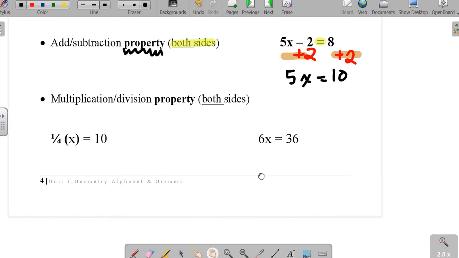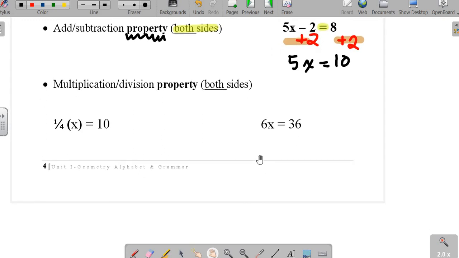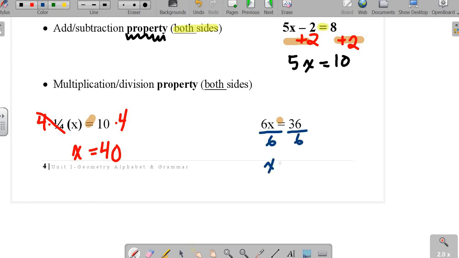Multiplication and division property, again, you're multiplying or dividing on both sides of the equal sign. For example, 1/4 x equals 10, times both sides by 4. Over here, 6x equals 36. Divide both sides by 6. Again, you're working on both sides. Multiplication, division, property.